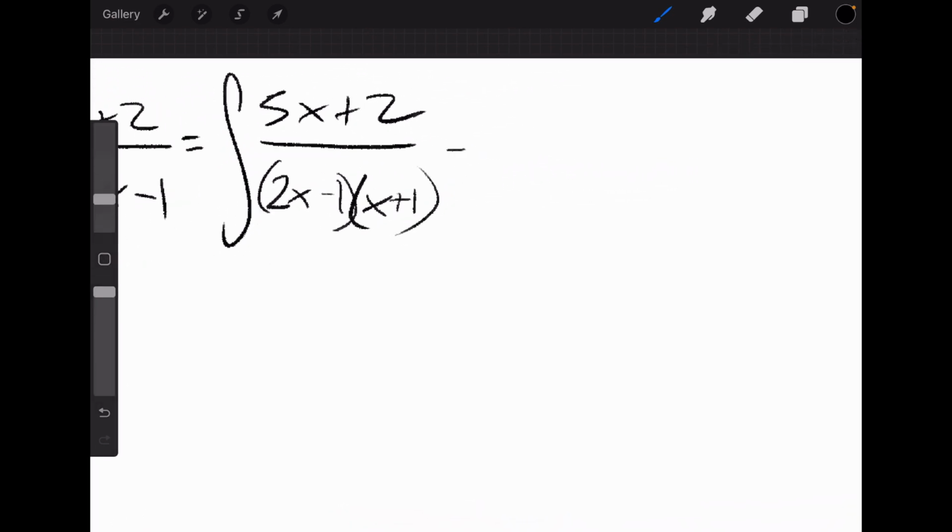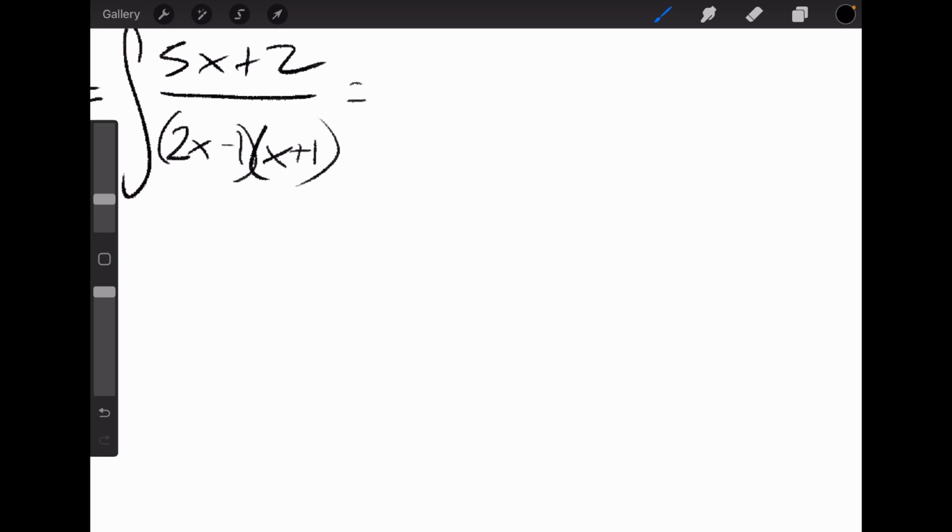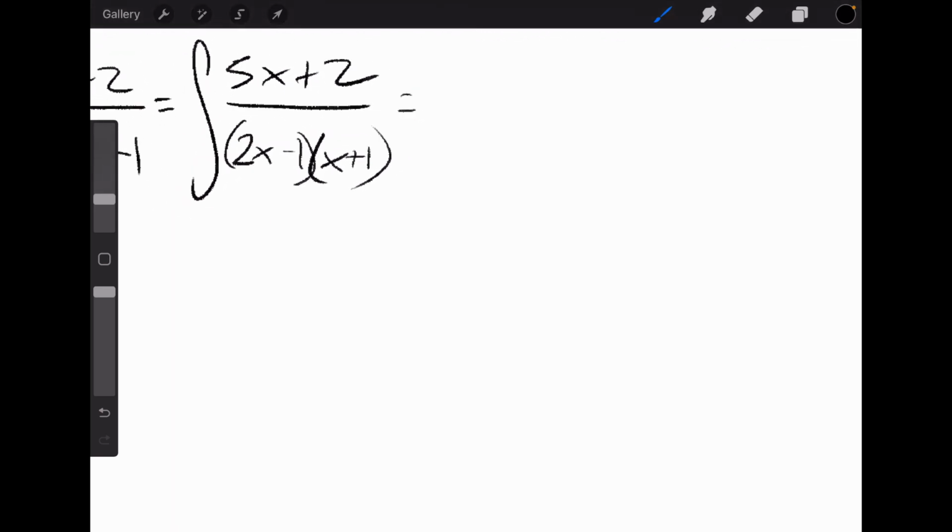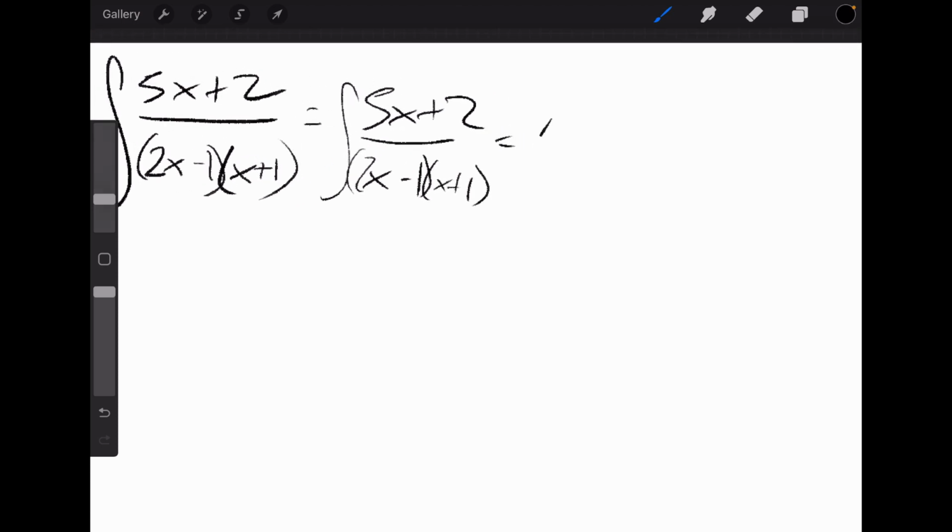So this means we can do partial fraction decomposition, so that's what we're going to do. So we have 5x plus 2, I'm just rewriting it, over 2x minus 1 times x plus 1, going to equal A over 2x minus 1 plus B over x plus 1.